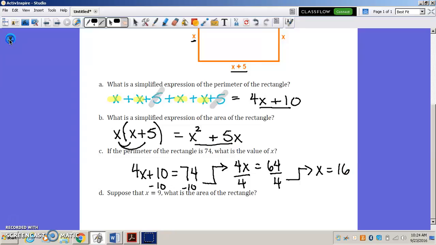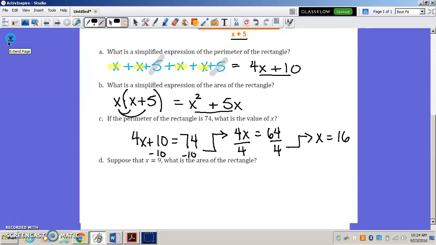Last question for today is, suppose that x equals 9, what is the area of the rectangle? Well, when we're talking about the area, we're specifically talking about this expression here. So we have x squared plus 5x, but instead of x, I'm going to substitute x equals 9. So everywhere I see an x, I'm going to write 9.